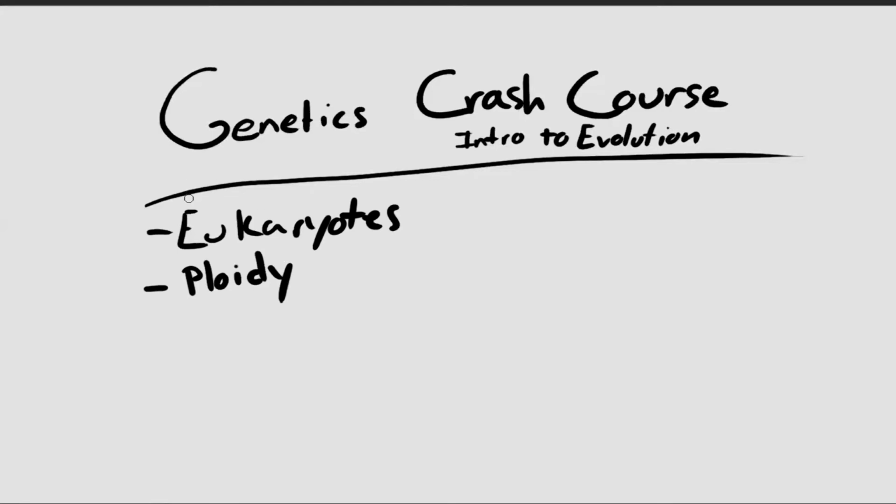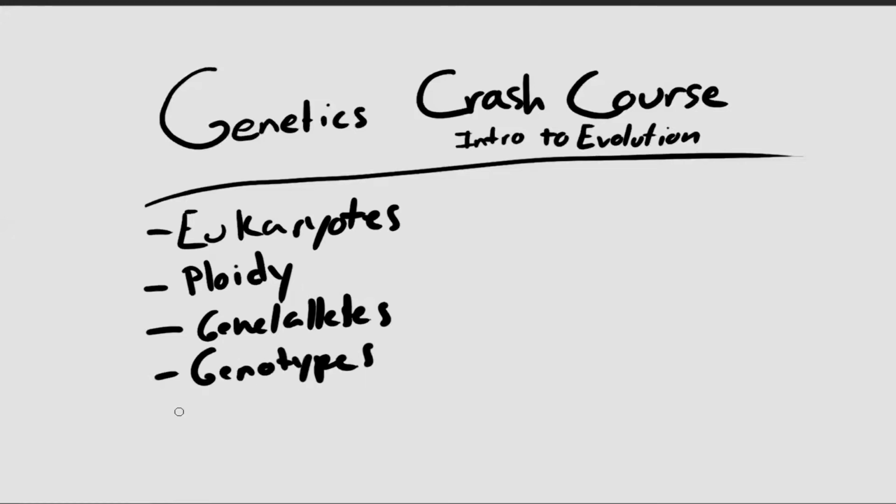And then after we're done talking about ploidy, I'll go in a little bit about the difference between genes and alleles. And then after I talk about that, then we'll talk about genotypes and phenotypes.